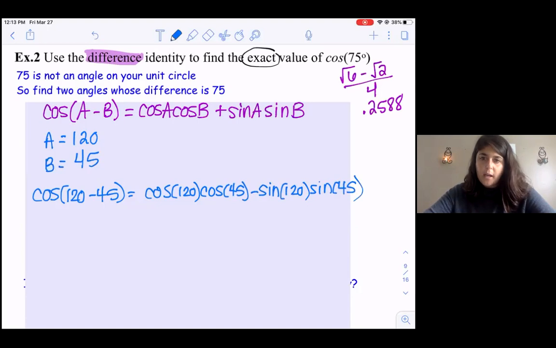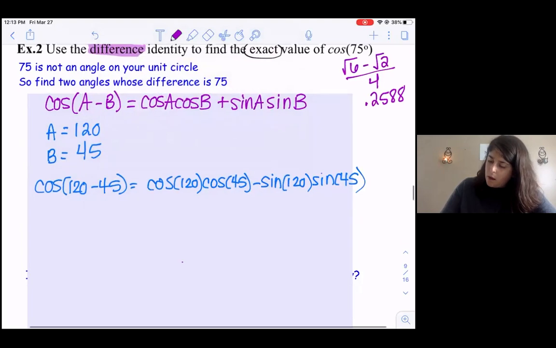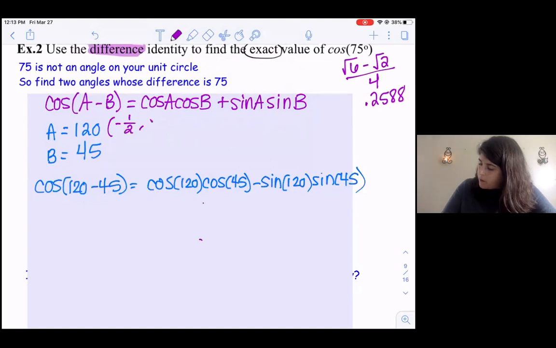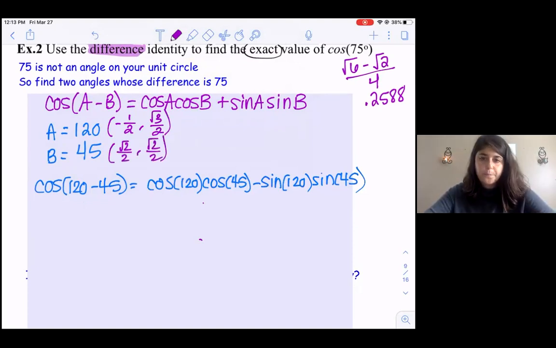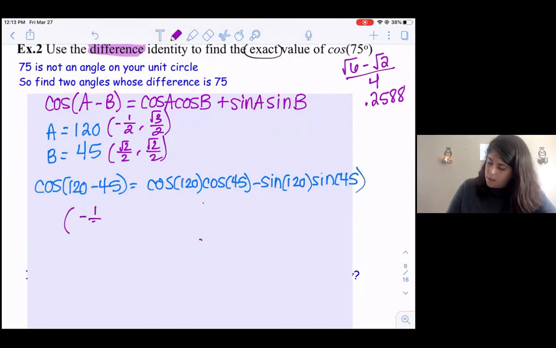Remember that cosine is the x-coordinate and sine is the y-coordinate. At 120 degrees, we've got negative 1/2, root 3 over 2 as our coordinate, and 45 is root 2 over 2, root 2 over 2. So the cosine at 120 is negative 1/2, and the cosine at 45 is root 2 over 2.